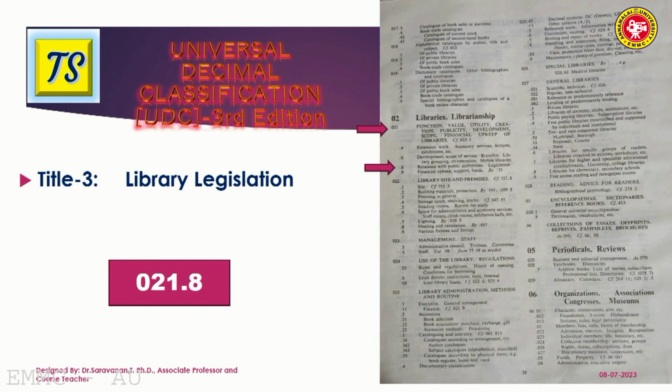So 021 and 021.8 are the subdivisions of 02. The division and subdivisions should be carefully observed. You should not finalize your number when you first observe the basic class or division. Subdivisions also exist, so you must go through one by one. Thoroughly you must check in the schedule. This is the final number for this title.